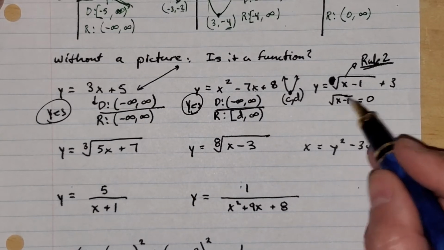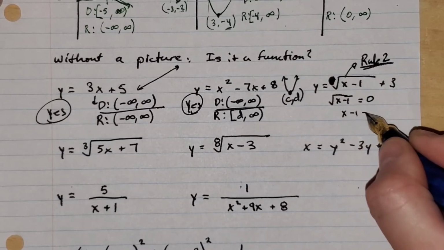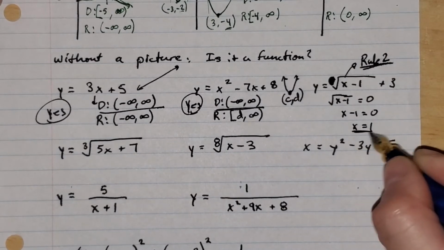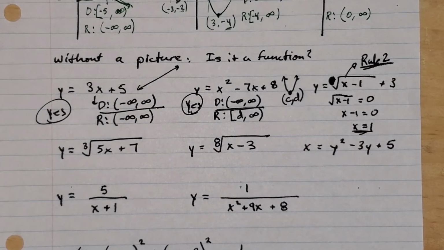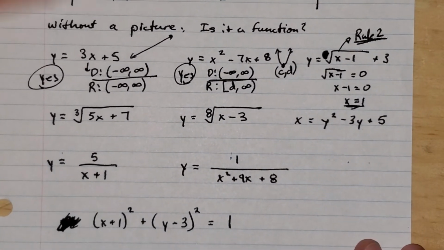Now, square both sides. You get x minus 1 equals 0. Move that over, you get x equals 1. That's called your critical point. That's an important point where something breaks in math usually, or something important happens.